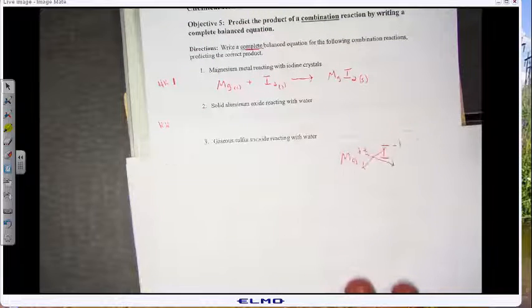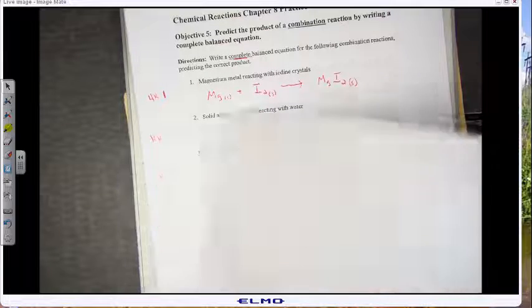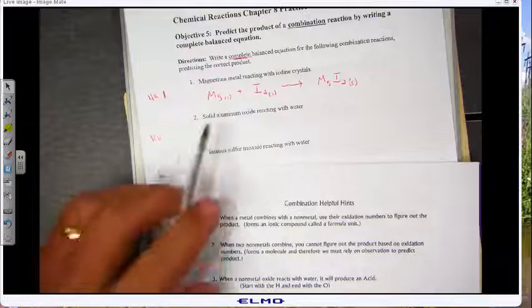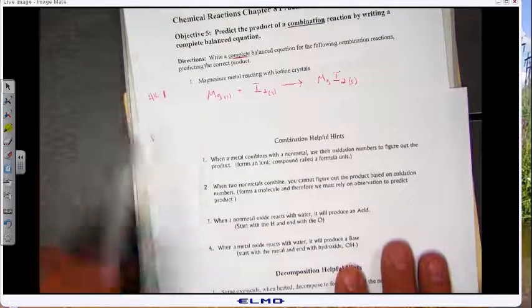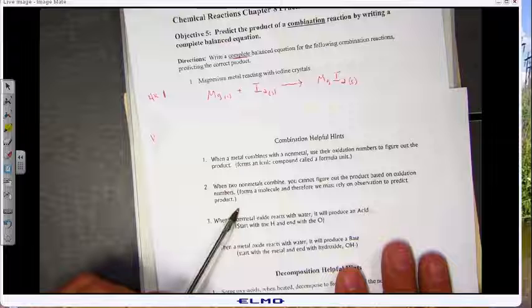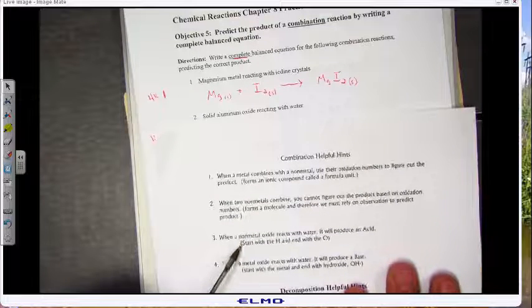The next one, solid aluminum oxide reacting with water. Looking for a helpful hint. Aluminum oxide is a metal oxide. Look down the list. There's something about a nonmetal oxide, but metal oxides reacting with water. Do we have it reacting with water?